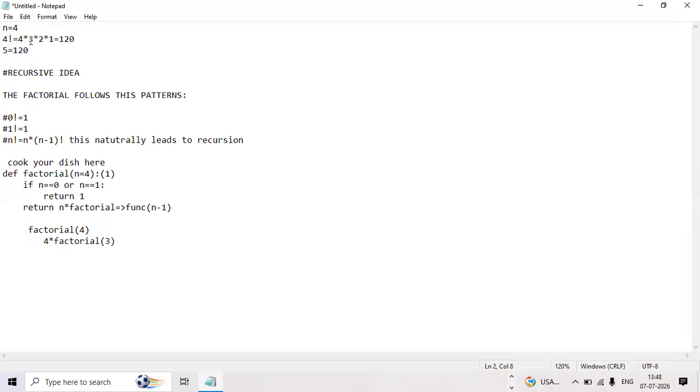After 4 you will calculate the multiplication of 3. How is it going to be calculated? With the help of this line, n into this n. This is your n, and this is your n minus 1. So again we put up the condition of n minus 1, which makes it very easy to understand. 4 minus 1.